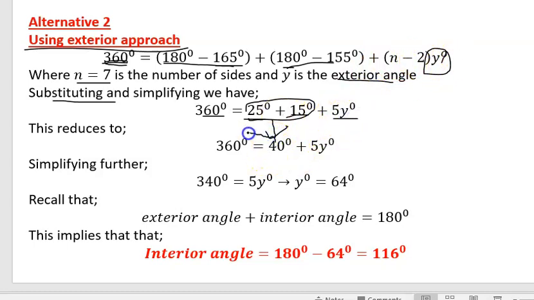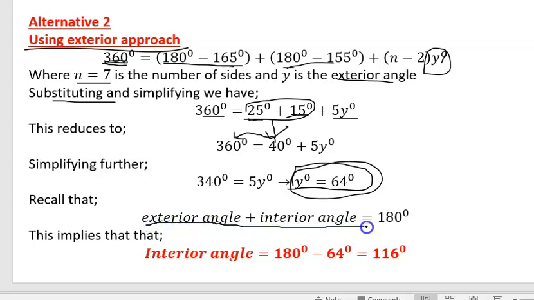Now taking this 40 to the other side, we remain with 320. Then dividing both sides by 5, we remain with the exterior angle being 64. So the missing exterior angle is 64. But because the question requires that we find the interior angle, we recall that exterior plus interior angles sum to 180 degrees.